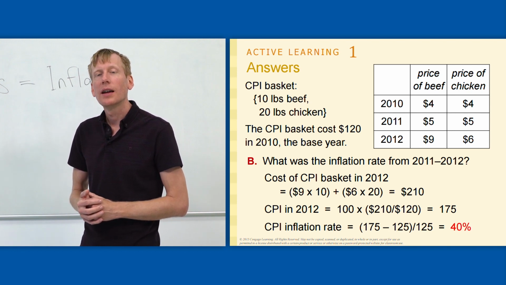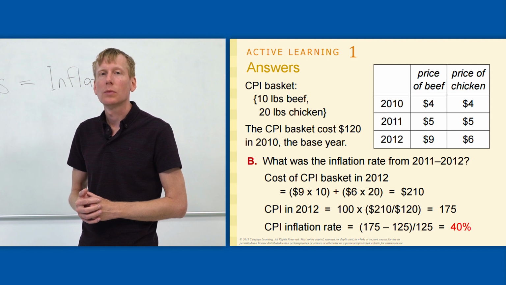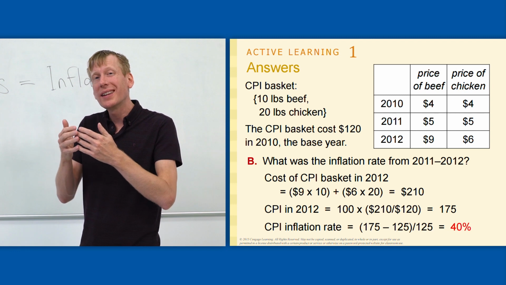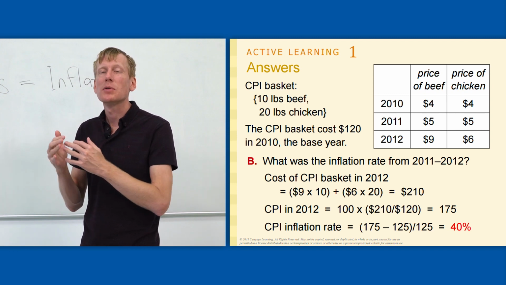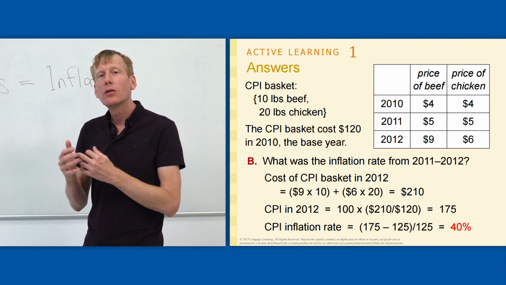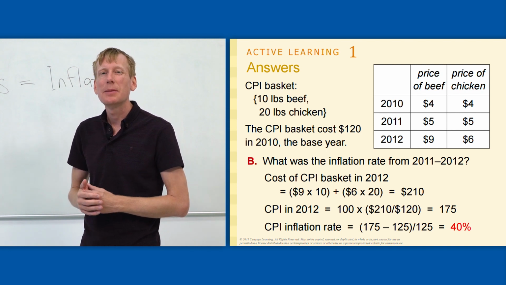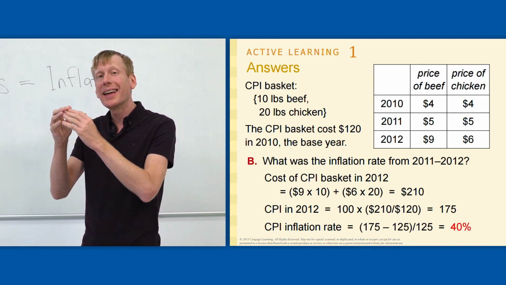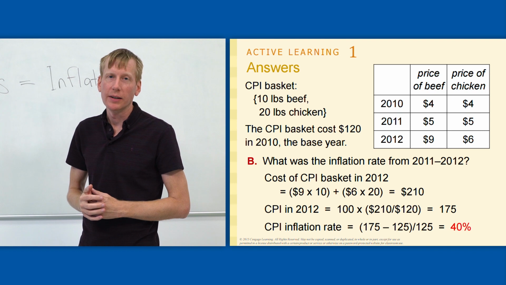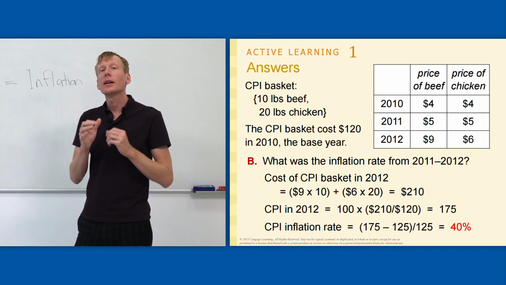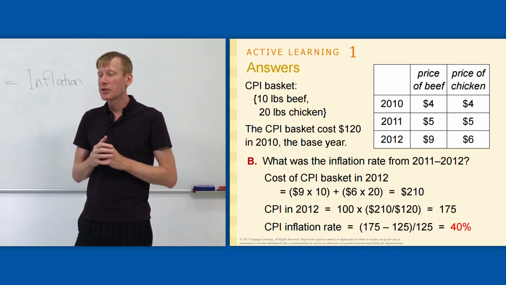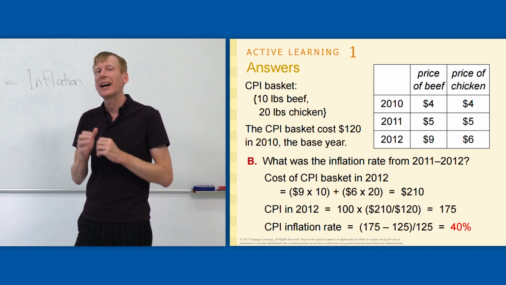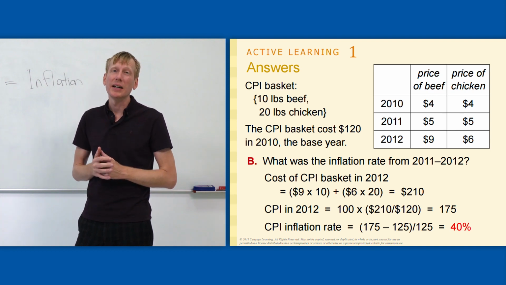Now, in 2010, we would calculate the CPI as 120 divided by 120 times 100. In 2012, we would calculate the CPI as 100 times 210 divided by 120. As you can see, in 2012, the CPI has risen to 175 from 125 in 2011.